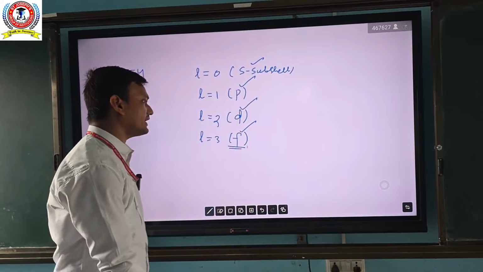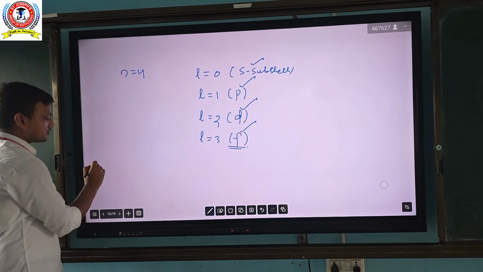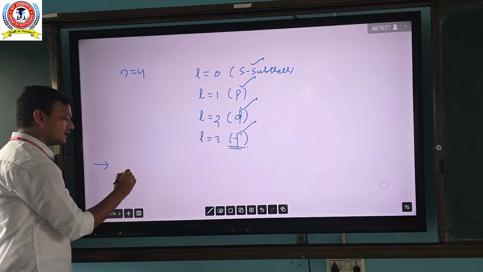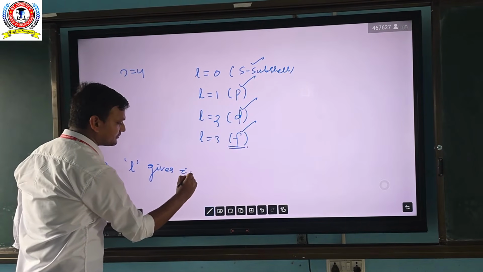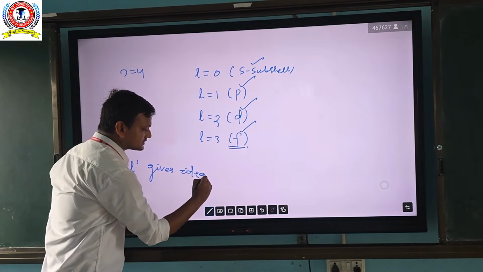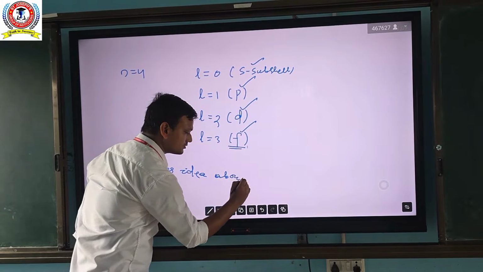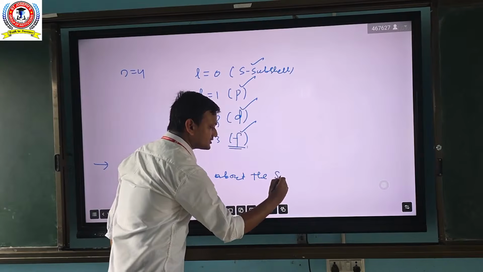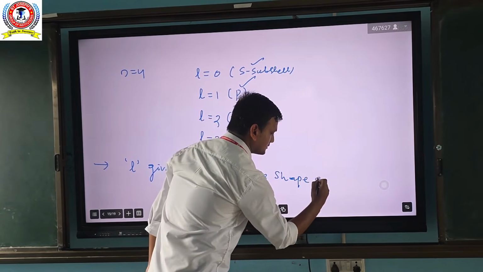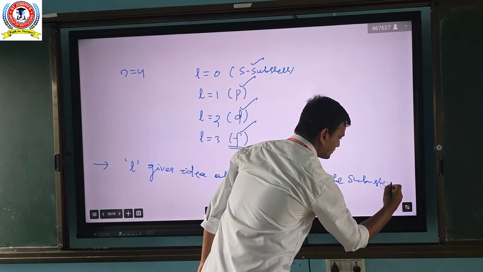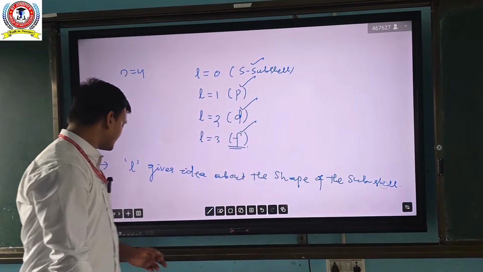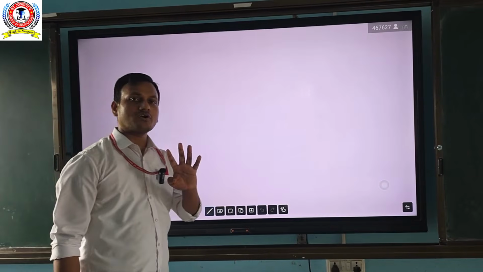And the last point is the Azimuthal quantum number, which is represented by L. This is a very important point: L gives an idea about the shape of the subcell. And generally we know that there are four kinds of subcell.